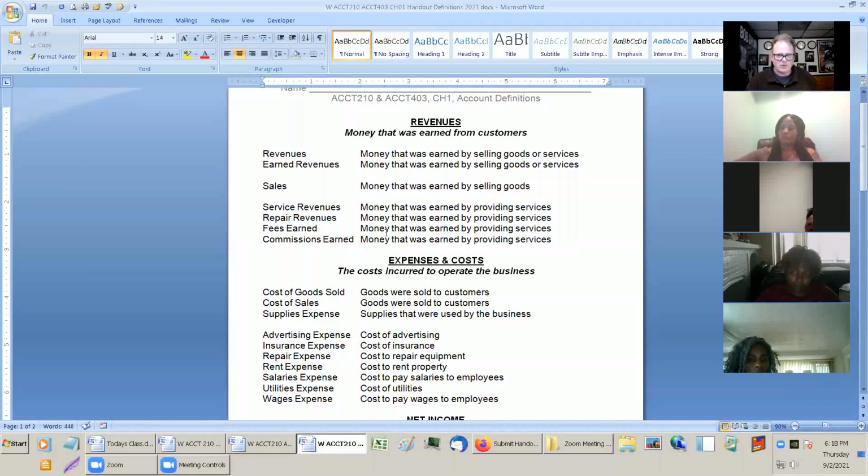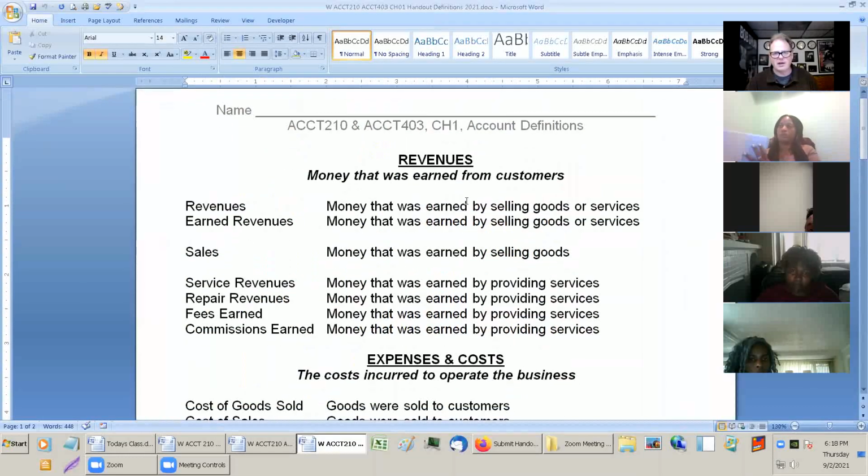Okay, I tell you what, do me this favor, open up the handout that says chapter 1 definitions. This is sort of like the chicken and the egg thing. It's hard to do the financial statements without knowing what the definition of these accounts are.